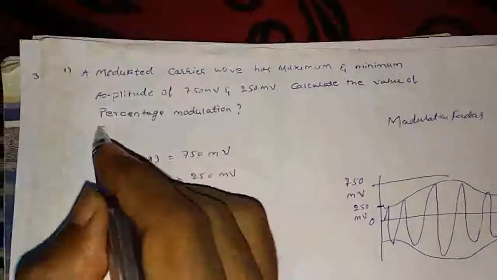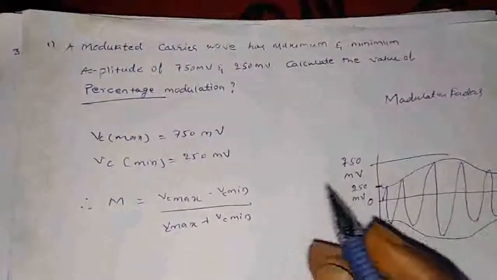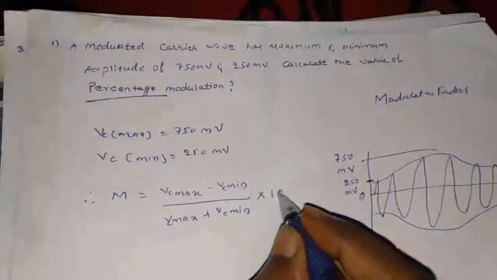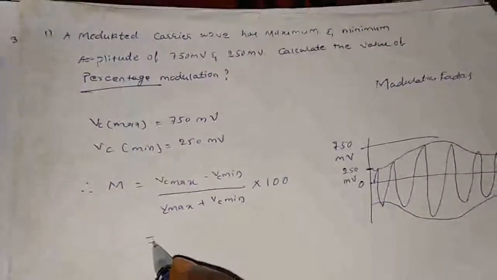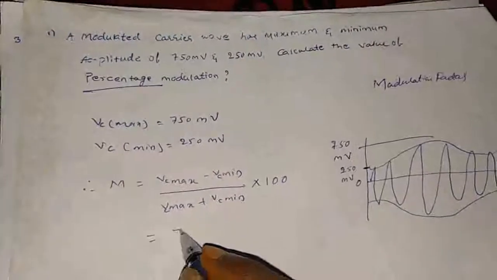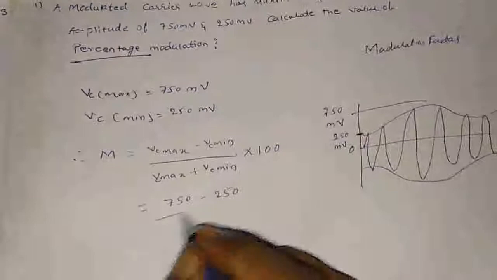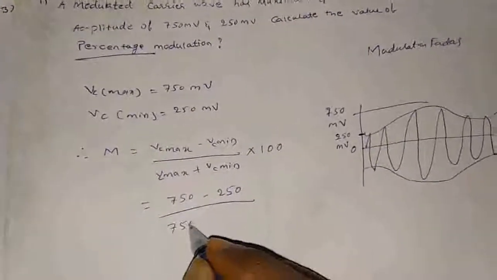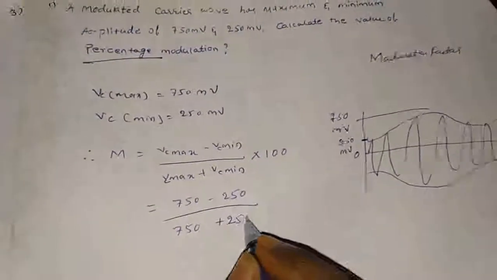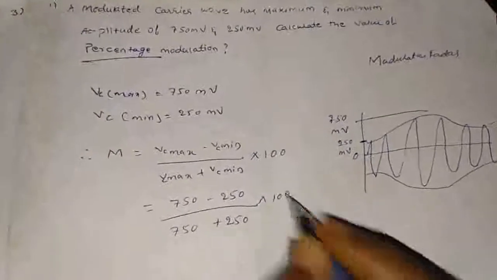But we have to calculate percentage of modulation, so into 100. So apply V maximum 750 minus V minimum 250, divided by 750 plus 250, into 100.